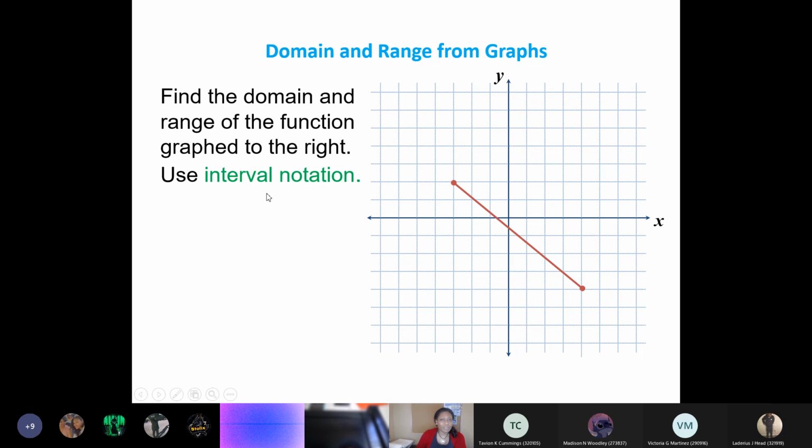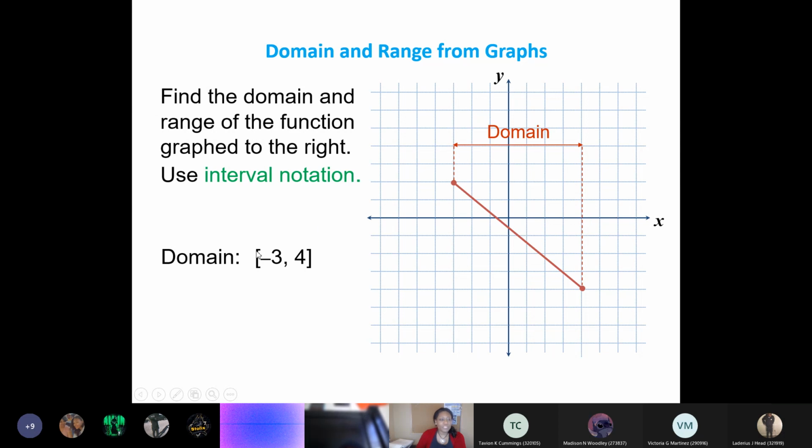Good. So we also went over interval notation. That's when you can tell where the graph is and give us the lowest value and the highest value for that domain. So the x values for this graph stop at -3 over here, and then it goes to +4 on the x-axis.